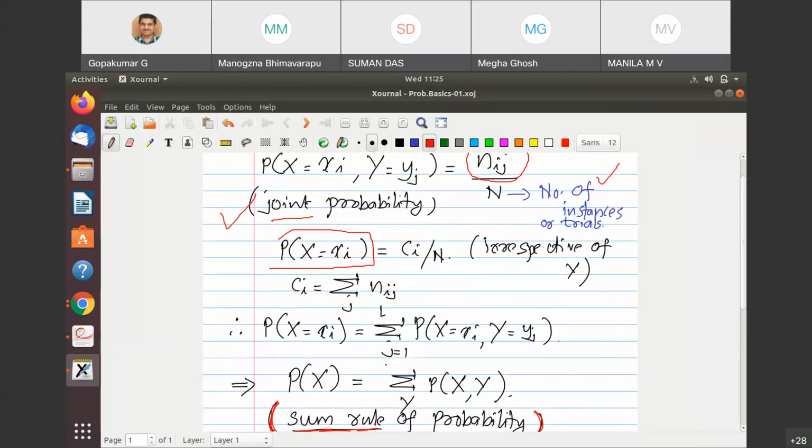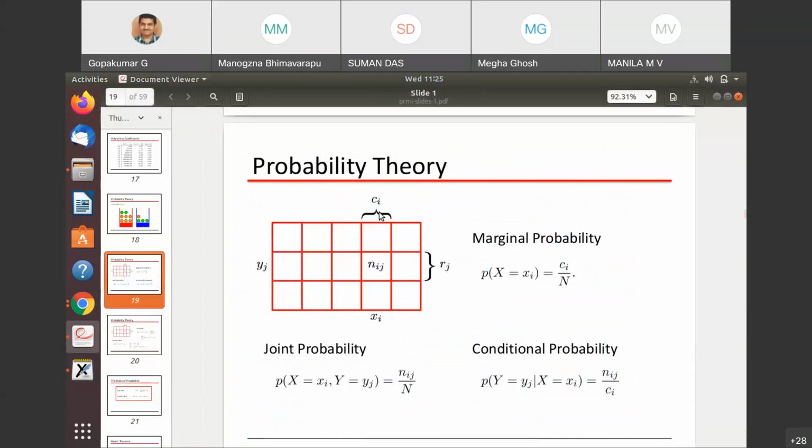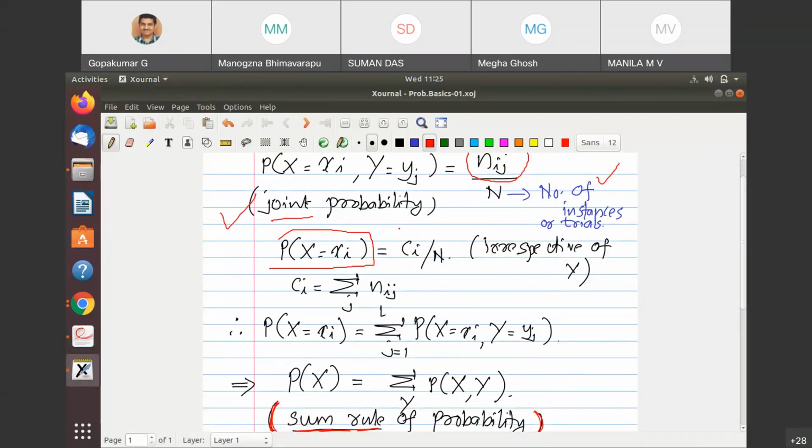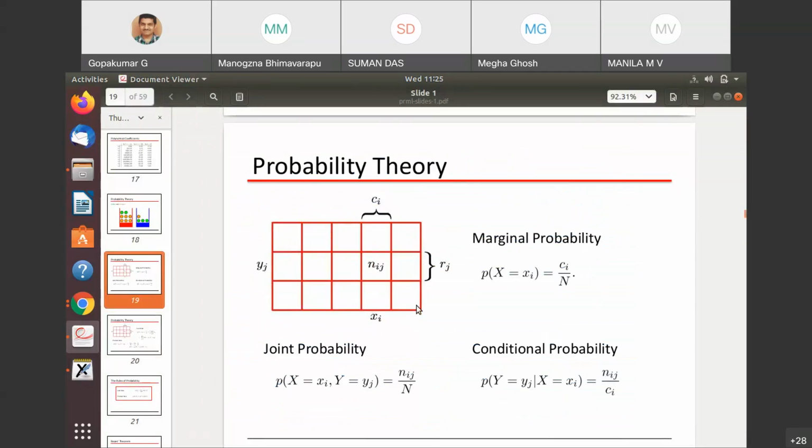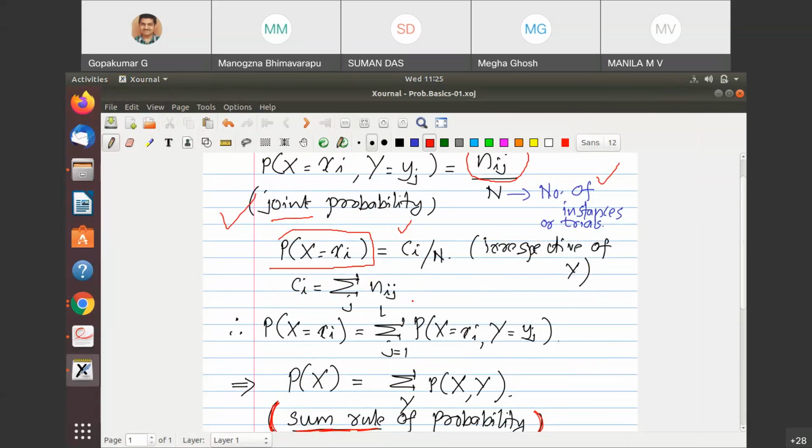So if we consider all such possibilities, we can say that the total frequencies or total instances in such cases are, say, c_i, and so that means c_i divided by total N. Among all the possible cases, c_i divided by N covers all the cases where X takes the value of x_i. And you have to note that this is irrespective of Y, because we are not interested in what value Y takes, but only in this particular case.